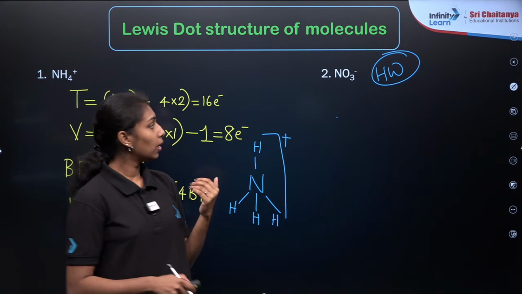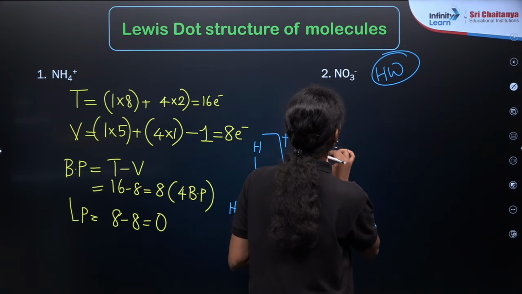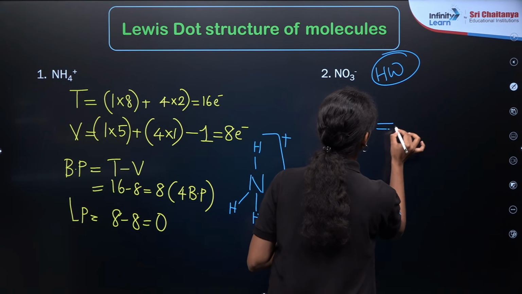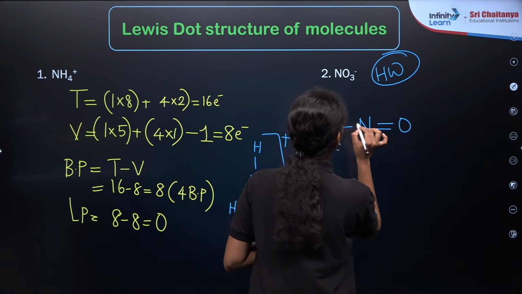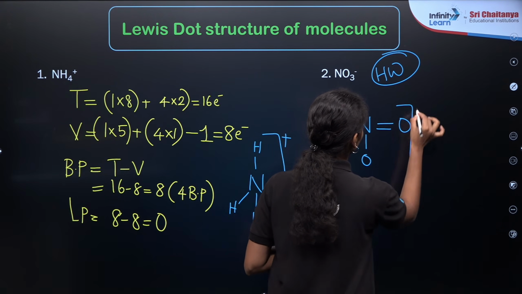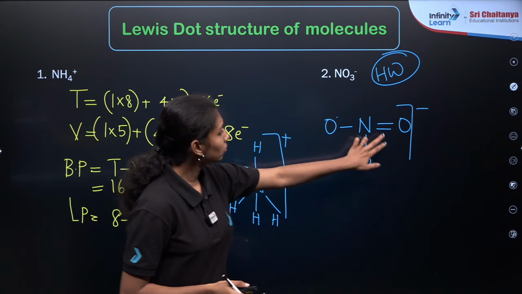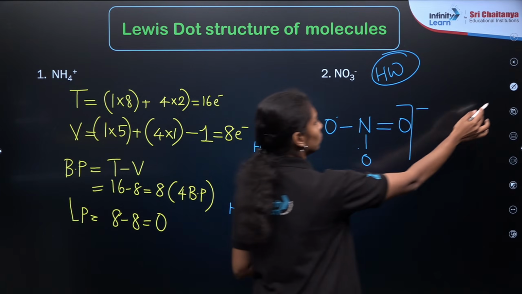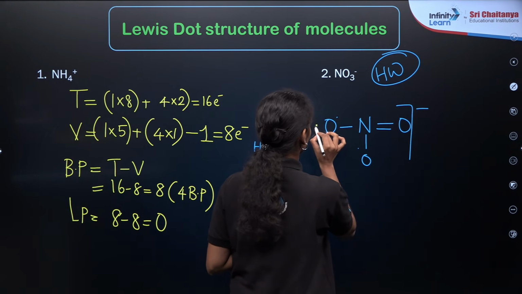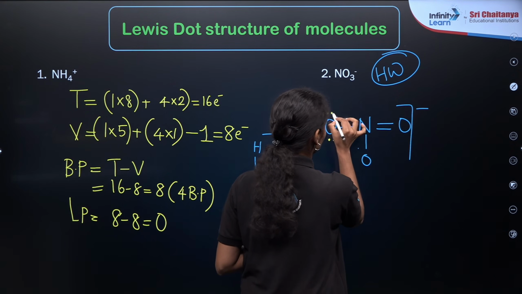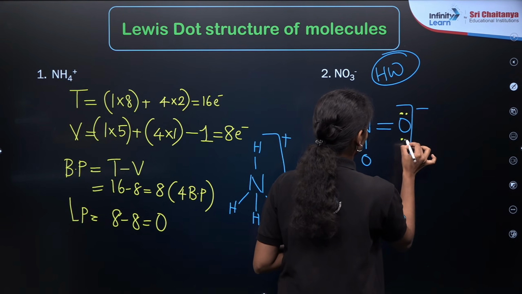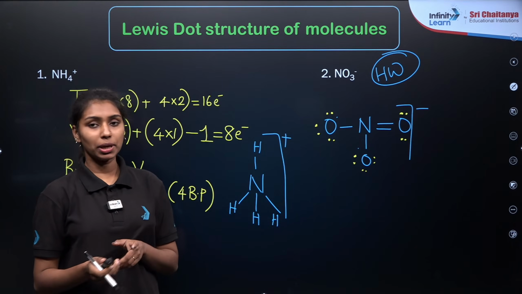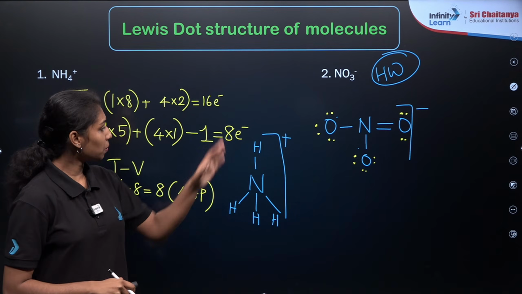Then you will get a structure like this. So this will be the structure of the NO3 minus molecule. Just try to identify the structure by using this method.